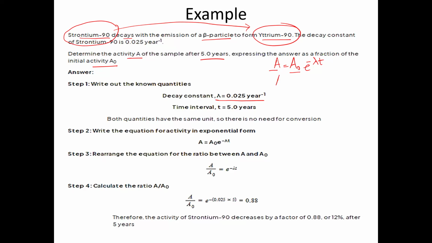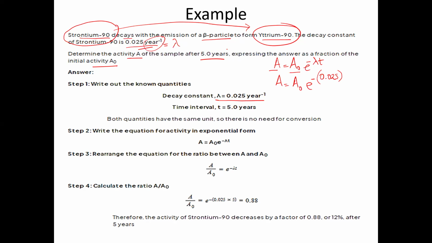Now A is equal to A naught e raised to power minus lambda t, and the 0.025 will be called lambda. So instead of lambda, we are going to write 0.025. We are not going to convert this year into seconds at the moment.